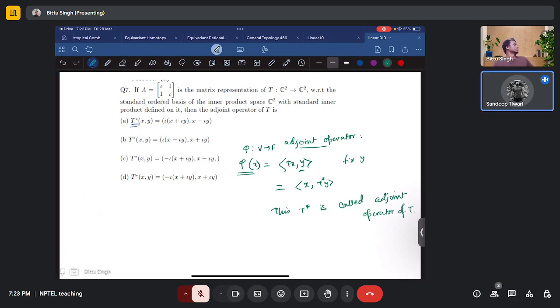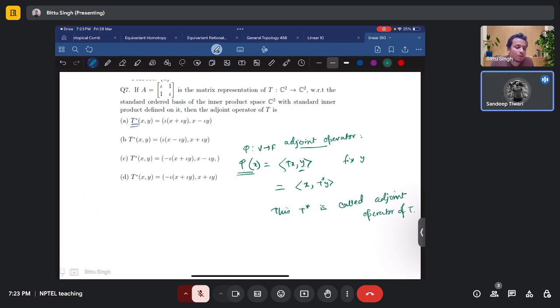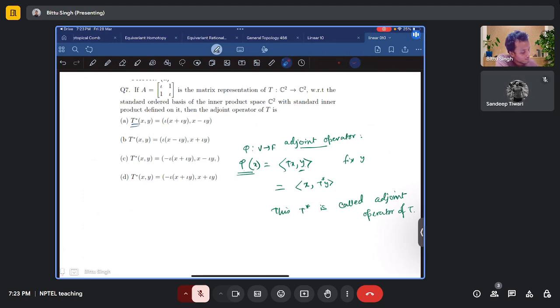Why do we not take T star at some other vector, T star w? Why are we taking y? I have already said that any linear functional can be written as x comma some w.